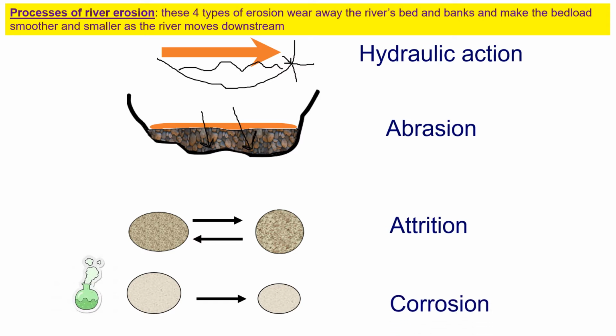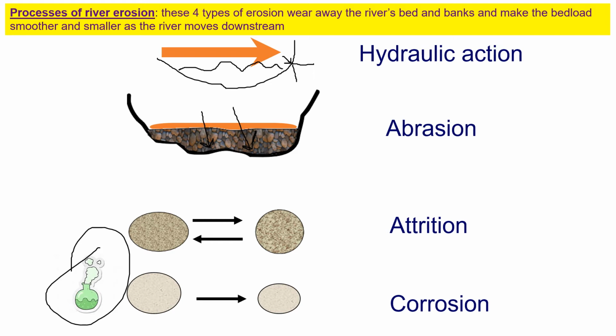And then you've got corrosion. Now, corrosion, the reason why I put a little chemical reaction happening there is basically the rocks and stones carried in the river getting smaller because they are being chemically reacted by the natural acids in the water. The natural acids in the water then start wearing the rocks away. Okay, so you can remember that by corrosion is the chemical reaction there.